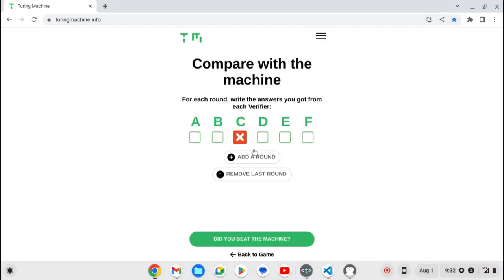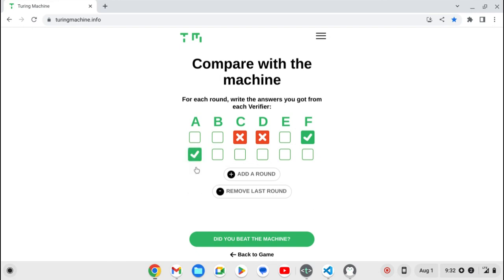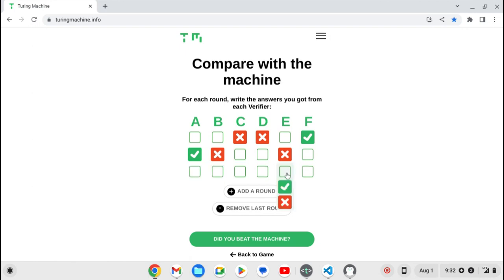So C was incorrect, D was incorrect, F was correct. In the second round, A was correct, B was incorrect, and E was incorrect. And of course, in the third round, we were correct with that adjustment.